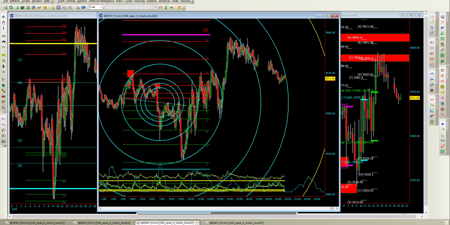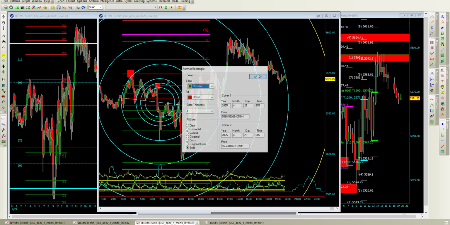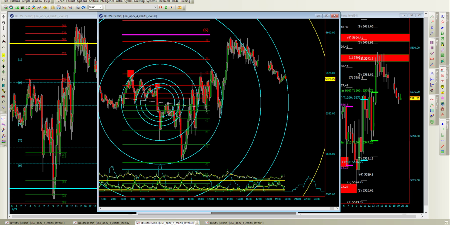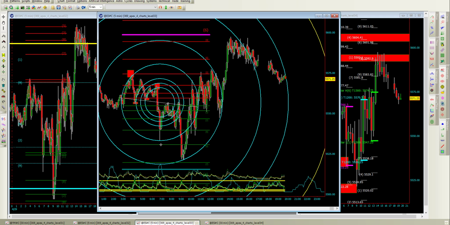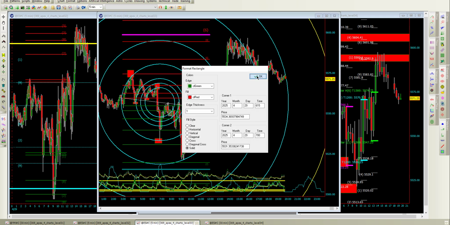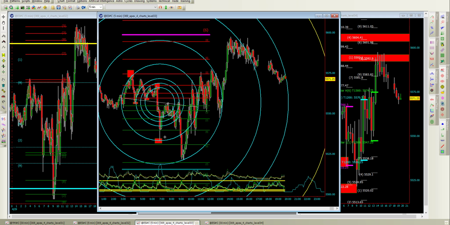It is reacting to the circles. When it's touching the circle, it came down to the inner circle. It is reacting and is bouncing from the circle. So I see this. Then I wait, and then this is the major event which took place. And we saw that. And now we know our placement is perfect.